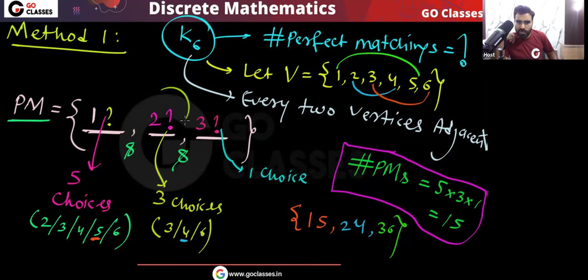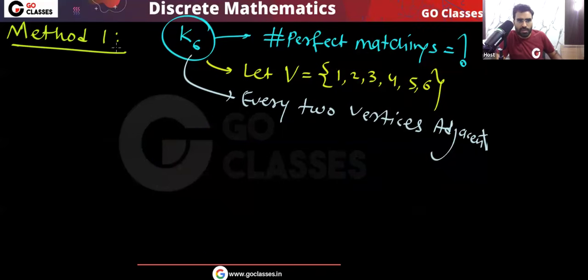Then I will find the minimum numbered vertex among the remaining and find its partner too. So finally, the number of perfect matchings will be 5 into 3 into 1. Is this clear to everyone? Let me know. So this is method number 1. Now let's see method number 2.